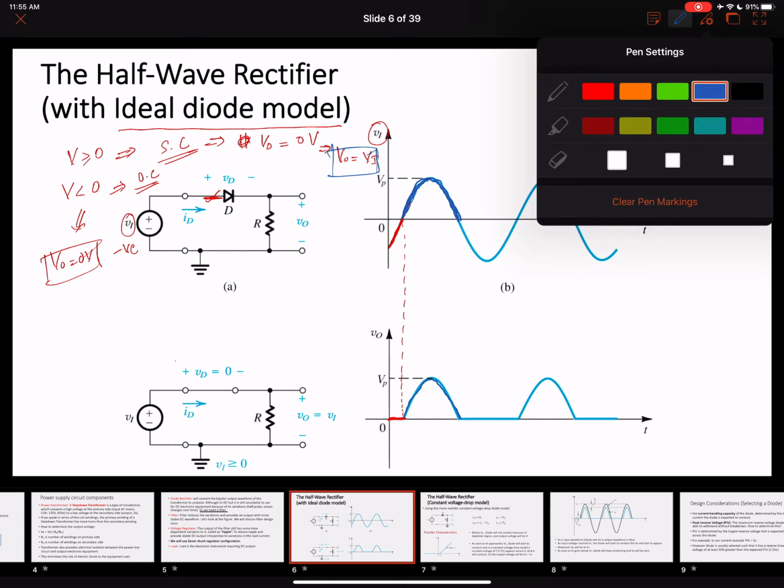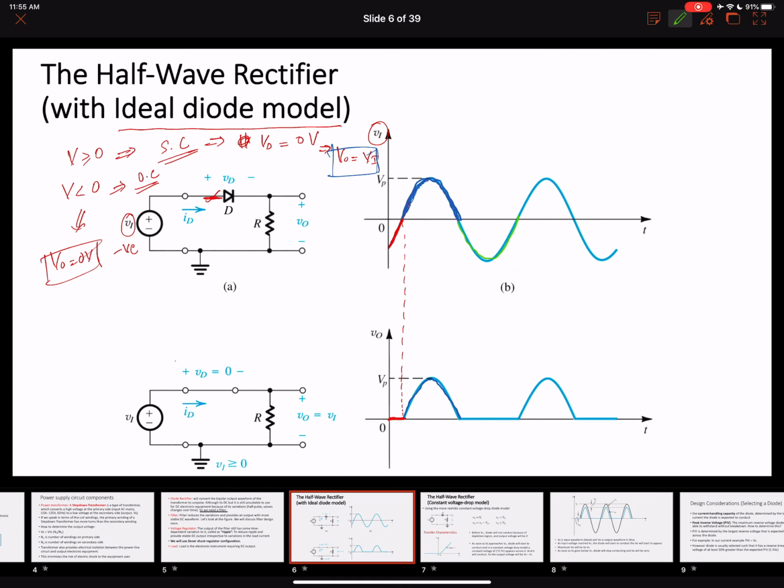Now as it goes back in the negative direction, the diode will again become reverse biased and cut off. This is how we do the rectification, as we discussed earlier in this chapter, using a simple single diode circuit. We are converting this AC signal to DC.